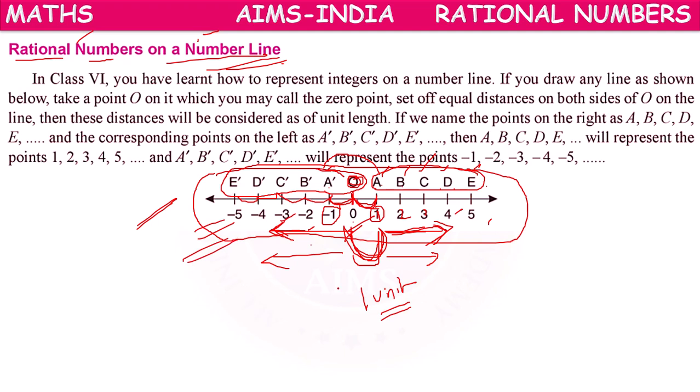Now in this video, as we have drawn a number line for integers, in the same way how to draw a number line for rational numbers, that is our main topic here. How to draw a number line for rational numbers.